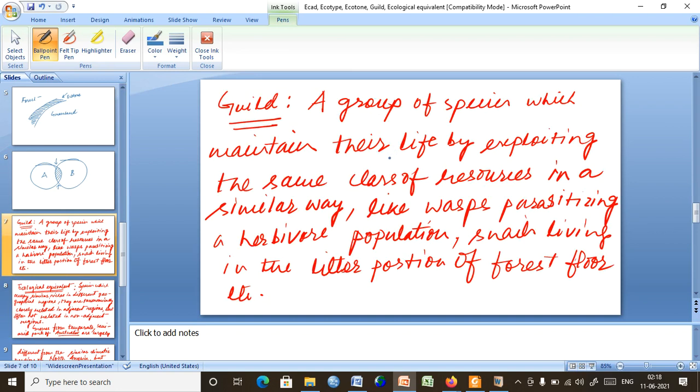Like wasps parasitizing a herbivore population, snails living in the litter portion of the forest floor. In all the cases, all the species, they maintain their life by exploiting the same class or type of resources in a similar fashion. So they constitute the guild.